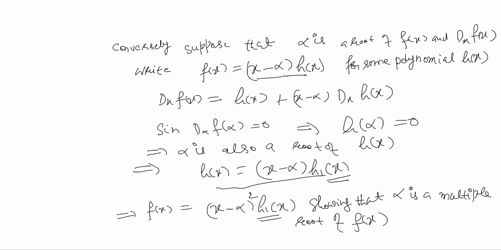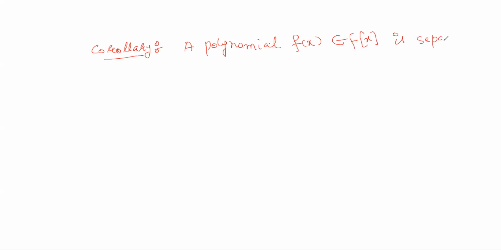Now as a corollary of this proposition, you can just write this one. A polynomial f(x) in F[x] is separable if and only if it is relatively prime to its derivative.